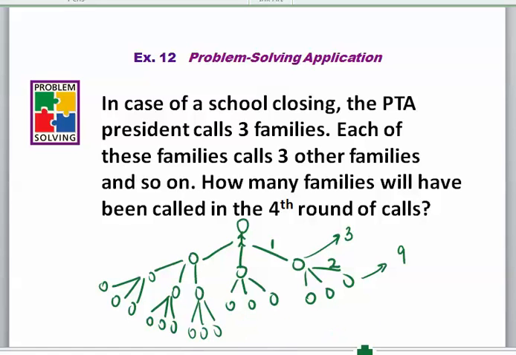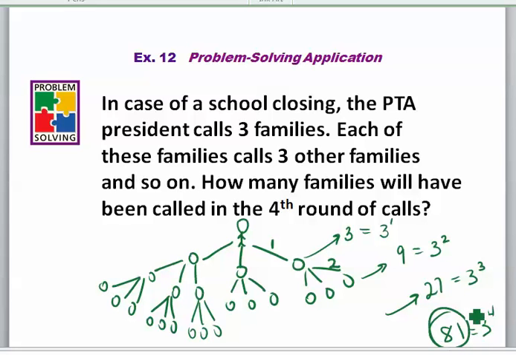Well, 9 and 9 and 9 gives me 27. So you're looking at the pattern here. Well, this would be 3 to the first. This would be 3 to the second. And this would be 3 to the third. So basically in the 4th round, the round I haven't drawn, would be 3 to the 4th power, or 27 times 3 more, which would be 81 calls.